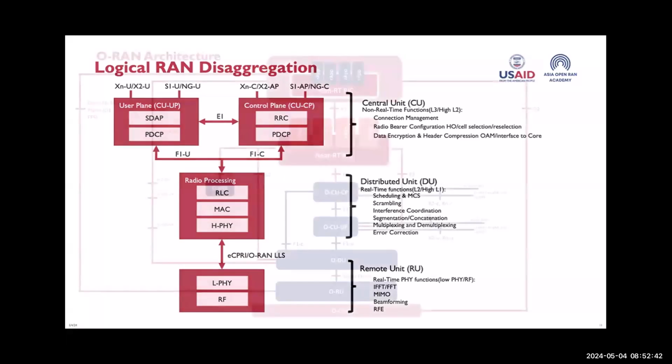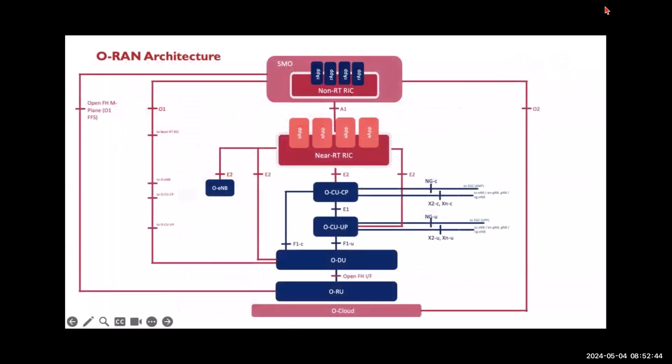And another architecture coming from Rimedo. This is where you see your SMO, the near real-time RIC, the O-eNB if you're using LTE, the separation of the CU-CP, the CU-UP, the distributed unit, the O-RU, and the O-Cloud. Here you can see the O-Cloud and the corresponding interfaces as well.